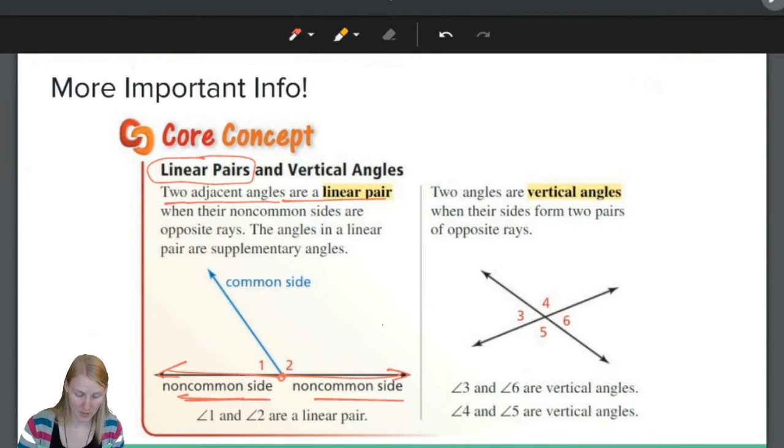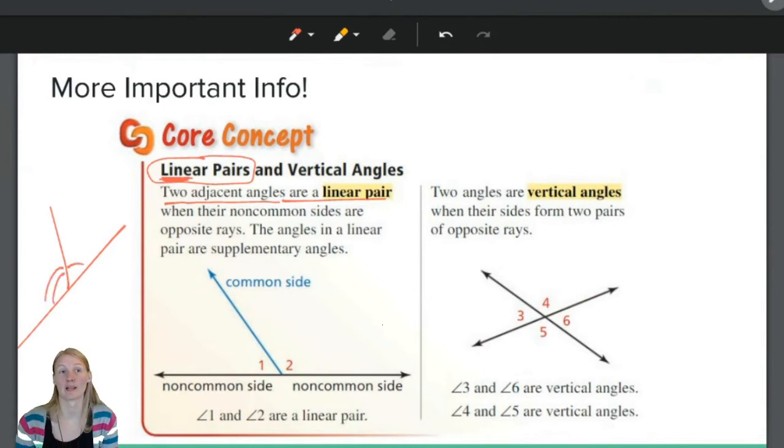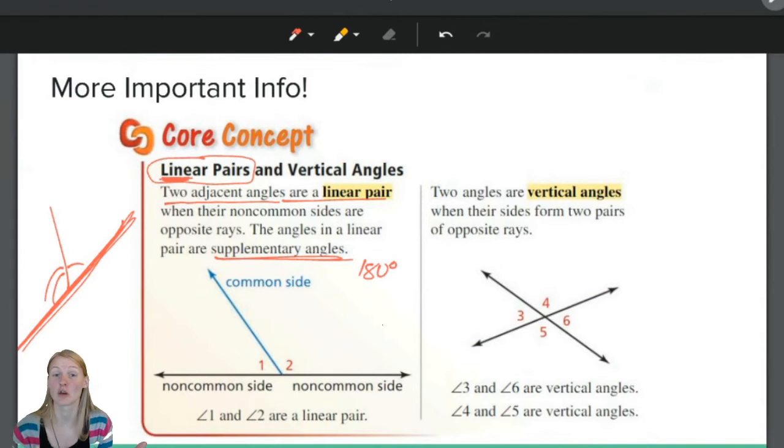Another way I like to think about this is when you put their non-common sides together, you get a line. Anytime you see a linear pair, linear has the word line right inside of it. So really what you have is a line with another side coming off of it. And these two angles form a linear pair because they make a line. And that's why they're supplementary angles, because supplementary angles add up to 180 degrees, and straight angles, or lines, are 180 degrees.